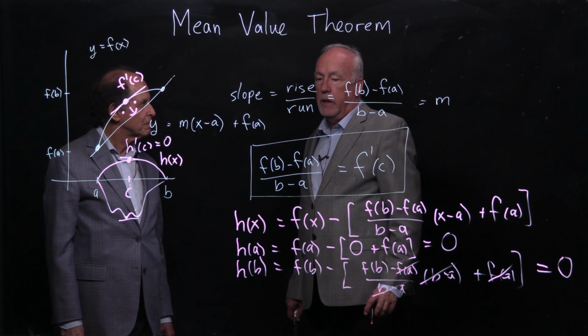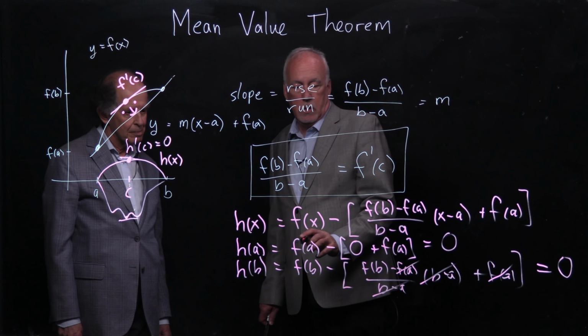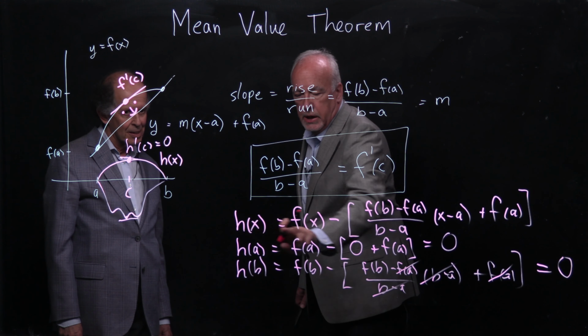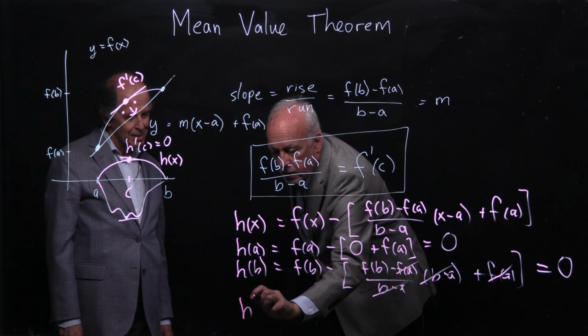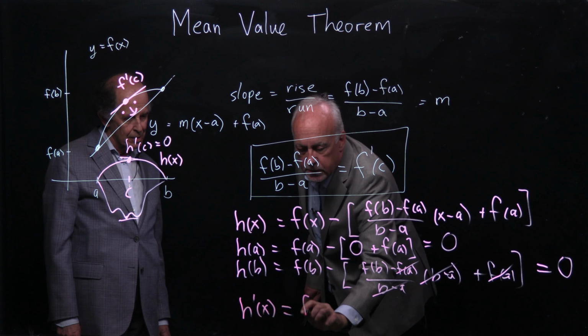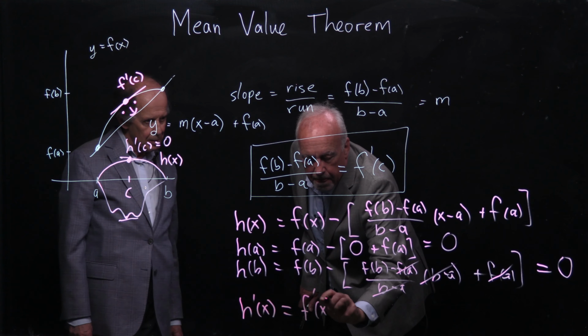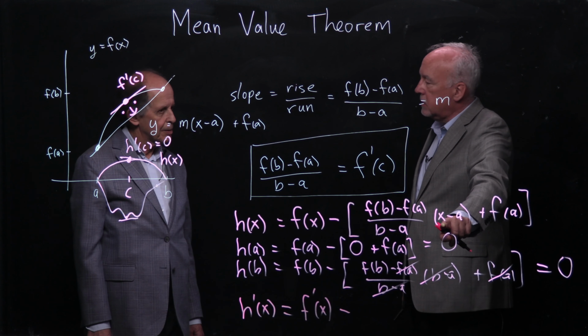And then let's see, what happens if h prime is equal to 0? Well, okay, here is h. Can I compute the derivative right down here? Sure. h prime of x is going to be f prime, minus, okay, here's the only place that x shows up.